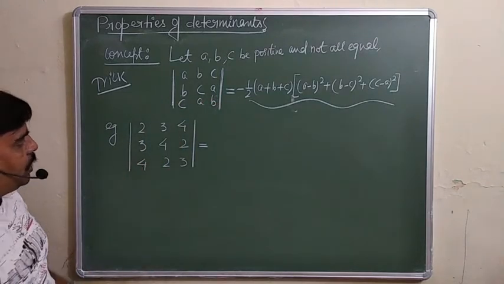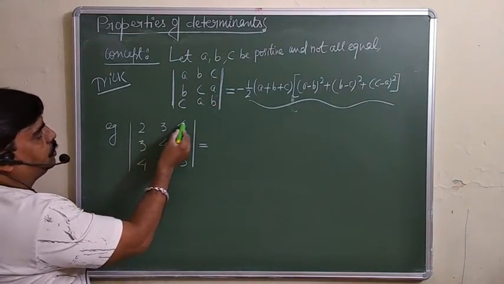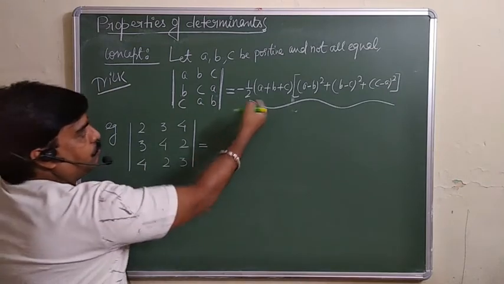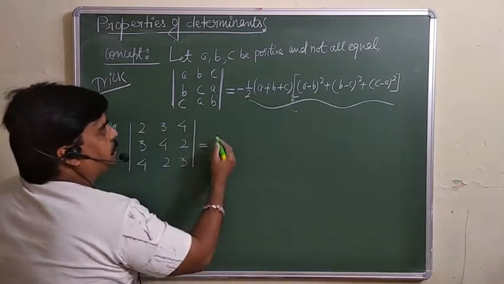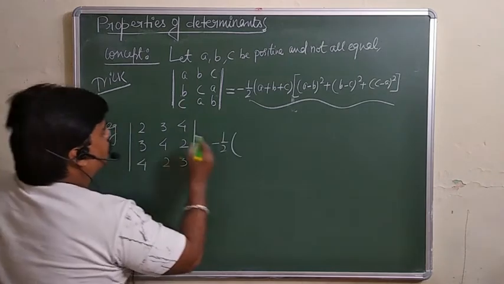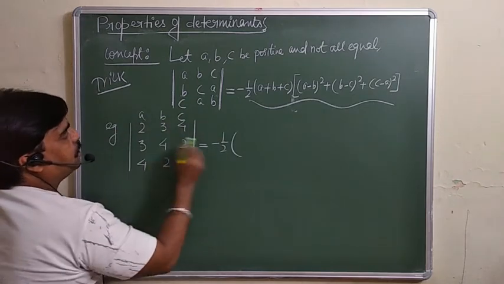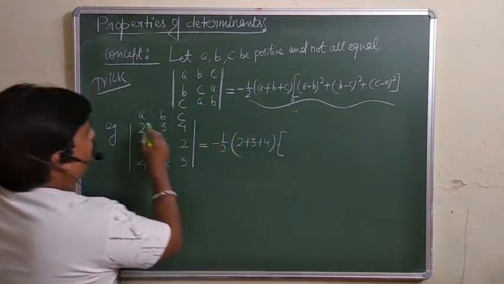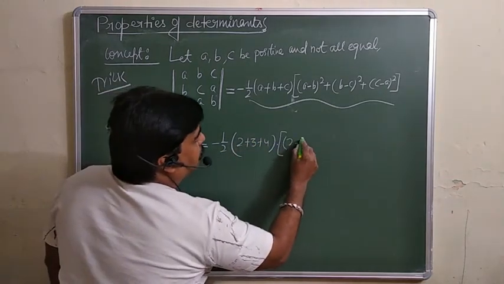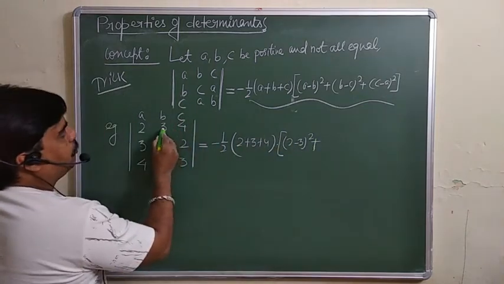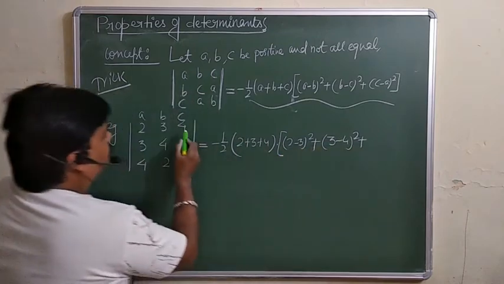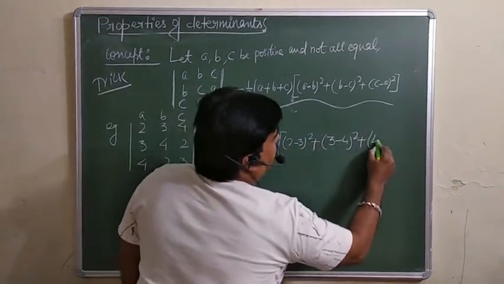See the example. Let us take A, B, C, then B, C, A and C, A, B. If you want to find the determinant by using this trick, then you will get minus 1 by 2, where A is 2, B is 3 and C is 4. So (2 plus 3 plus 4) into ((2 minus 3) whole square plus (3 minus 4) whole square plus (4 minus 2) whole square).